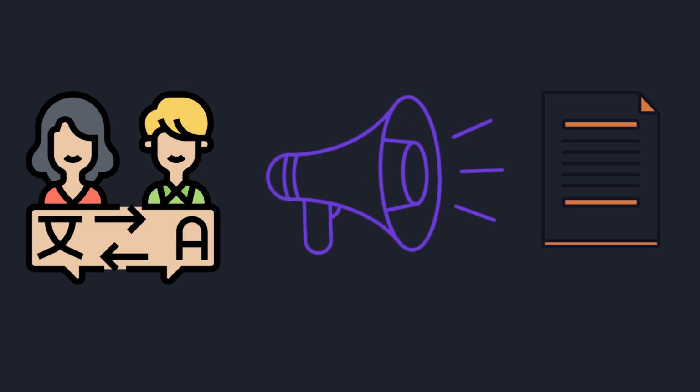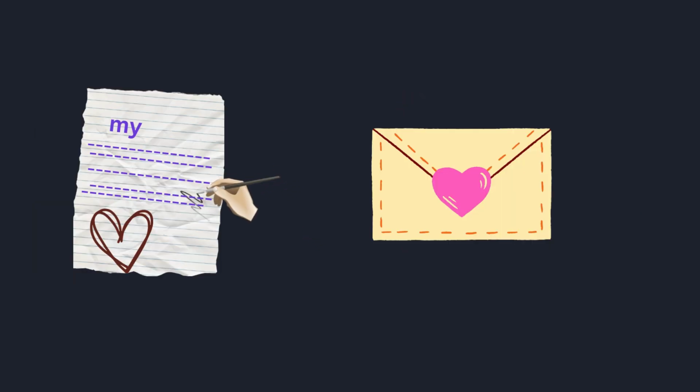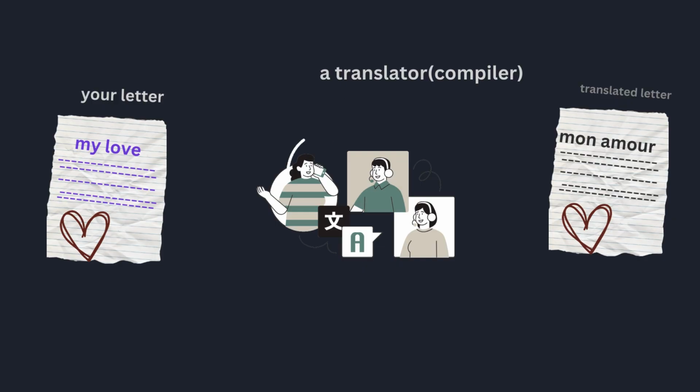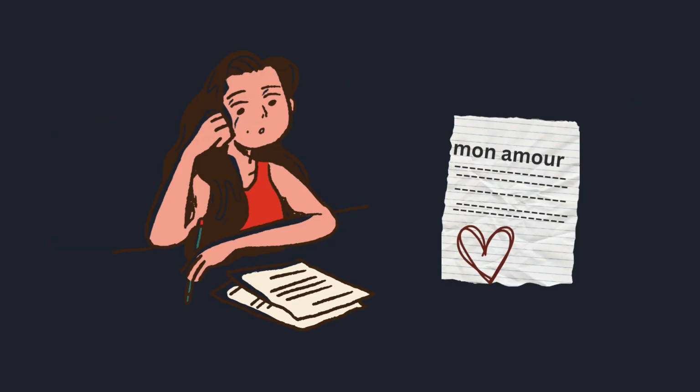Let's use an analogy, as it proves to be an effective method for grasping new ideas. Imagine you have a letter written in your language. You want to send it to your girlfriend who speaks a different language. No girlfriend? No. A translator takes your letter, translates the entire content into your girlfriend's language, and hands you a new letter.